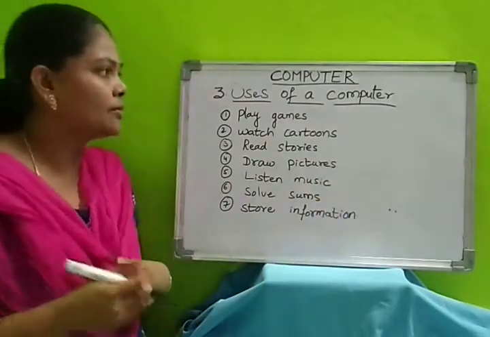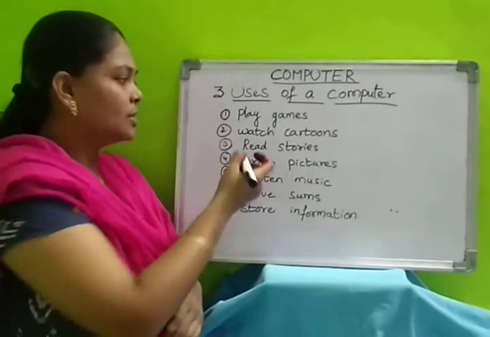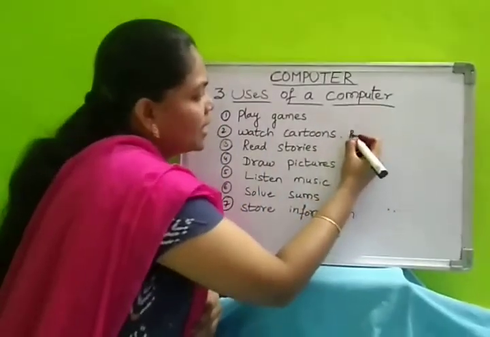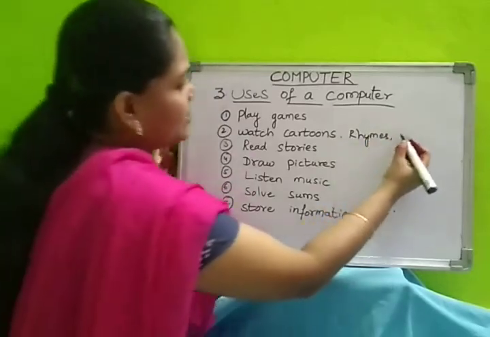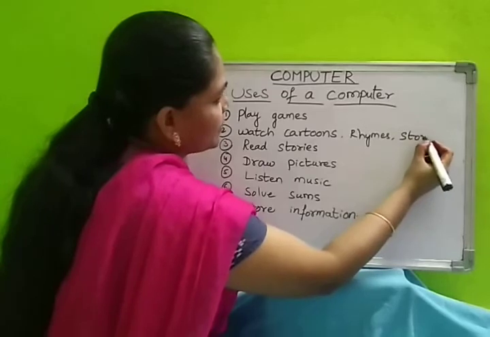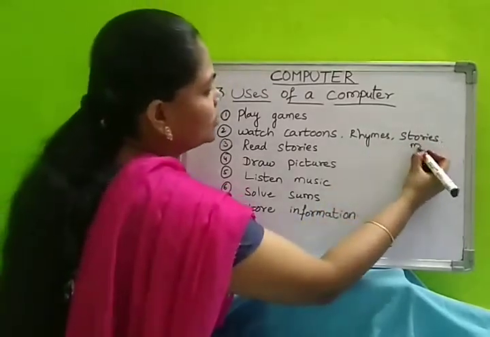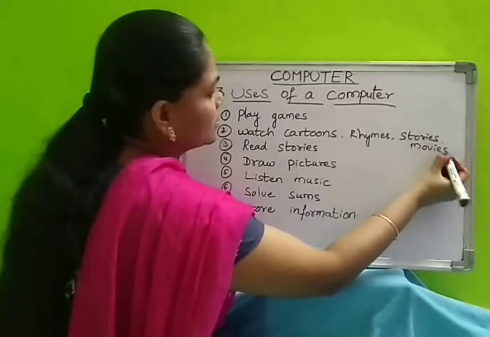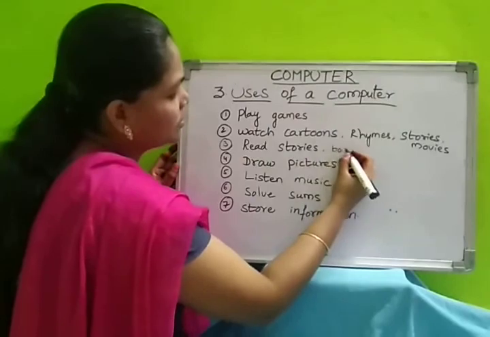What are the uses of a computer? What we have learned in first class? So we can play games. We can watch cartoons, rhymes, some animated stories, stories we can watch, movies we can watch, isn't it? Next we can read stories, we can read books.